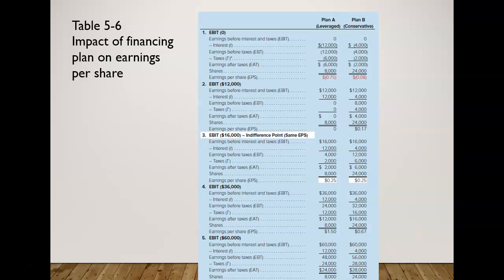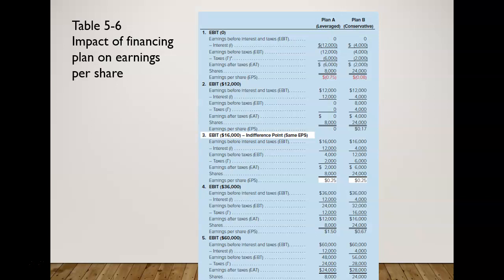At $16,000 of sales, this is the indifferent point between the two, because they both have the same earnings per share. At 36,000, the highly leveraged firm is doing far better in earnings per share versus the more conservative firm.